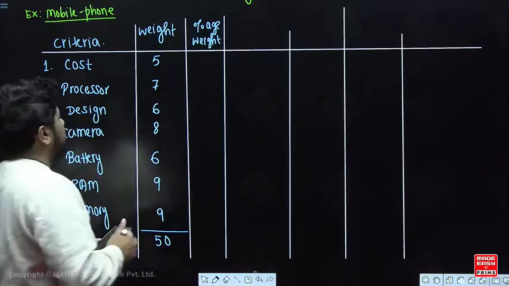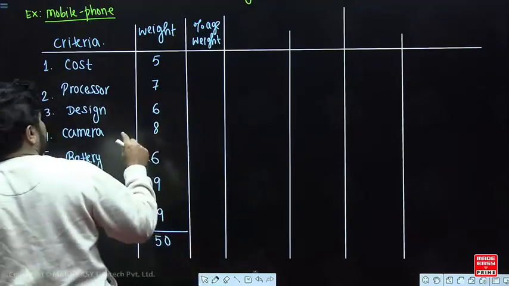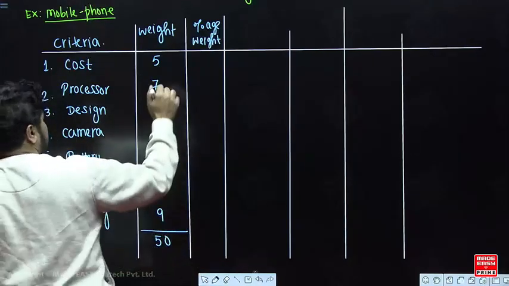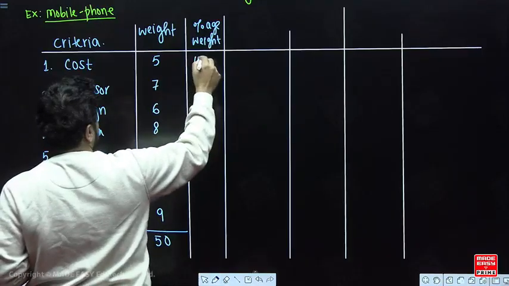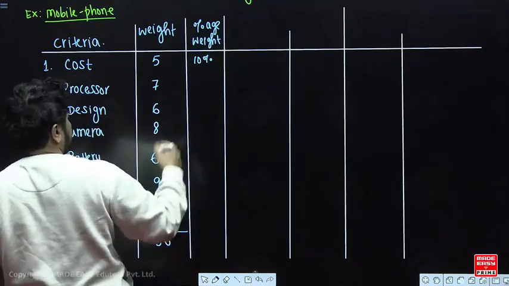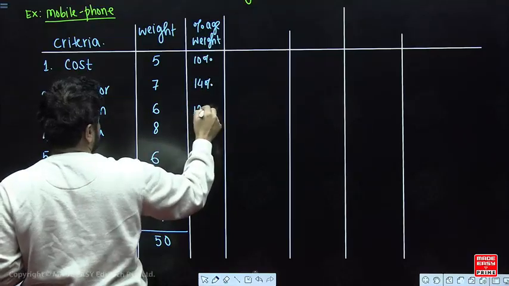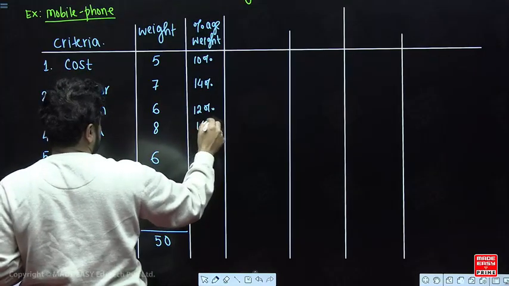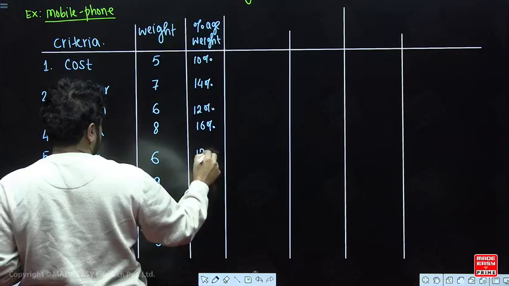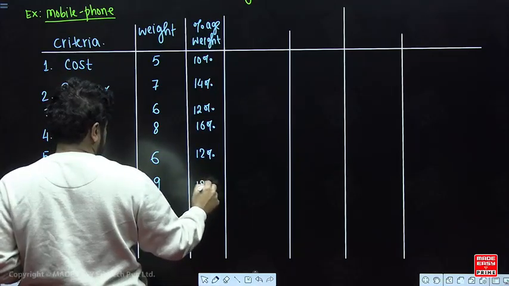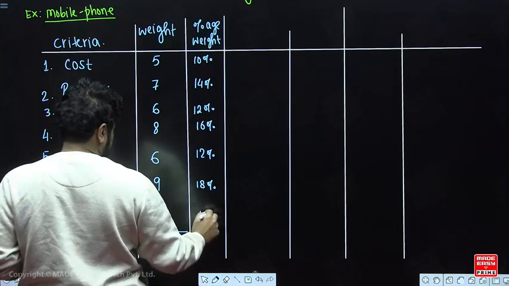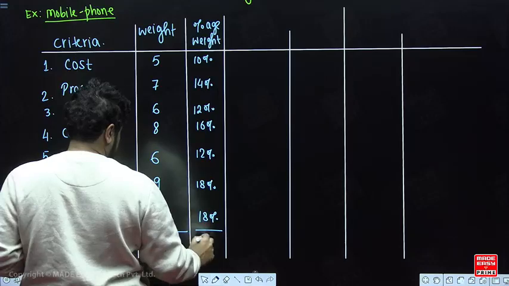To get the weight percentage: 5 upon 50 into 100 is 10%. 7 upon 50 into 100 is 14%. Similarly, this is 12%, this is 16%, this is 12%, this is 18%, and this is again 18%. So this is given as 100%.